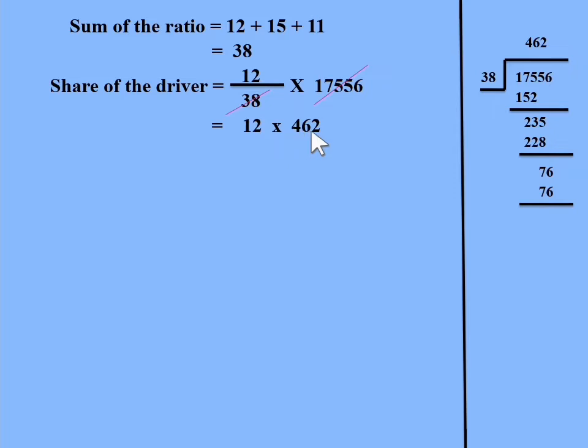Now multiply this 462 by 12, which is equal to 5,544. So the share of the driver from 17,556 is rupees 5,544.